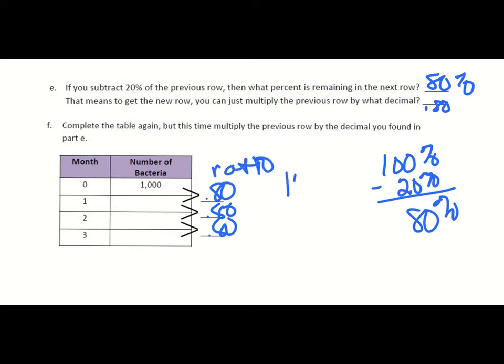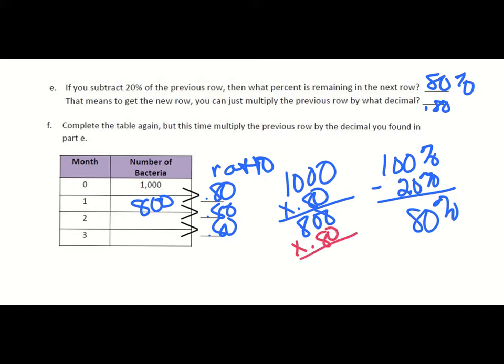So I'm going to multiply 1,000 times 0.80. If I do that, I'm going to get 800. And then if I do 800 times 0.80 on my handy dandy calculator, I'm going to get 640.